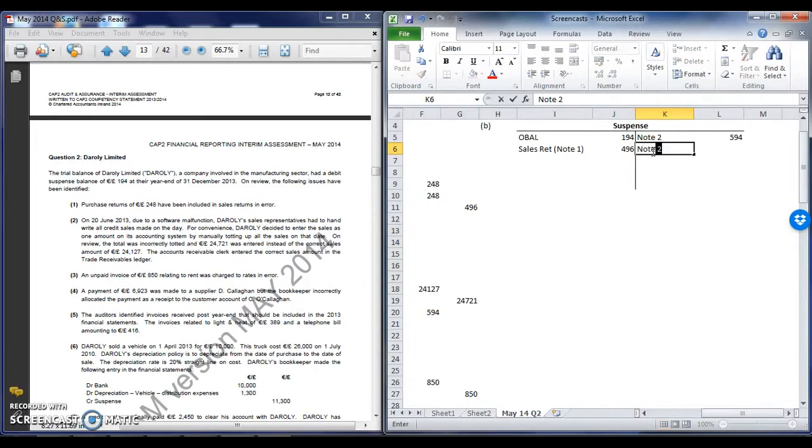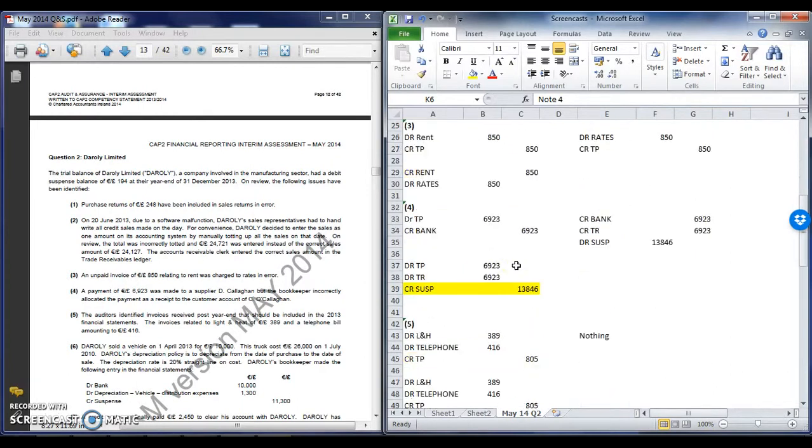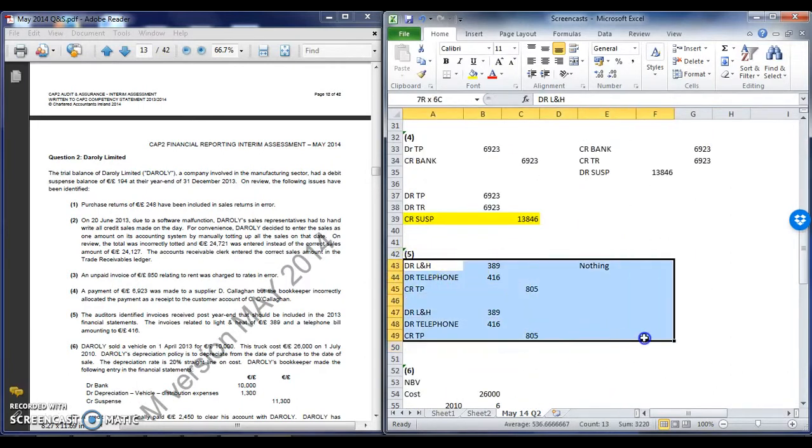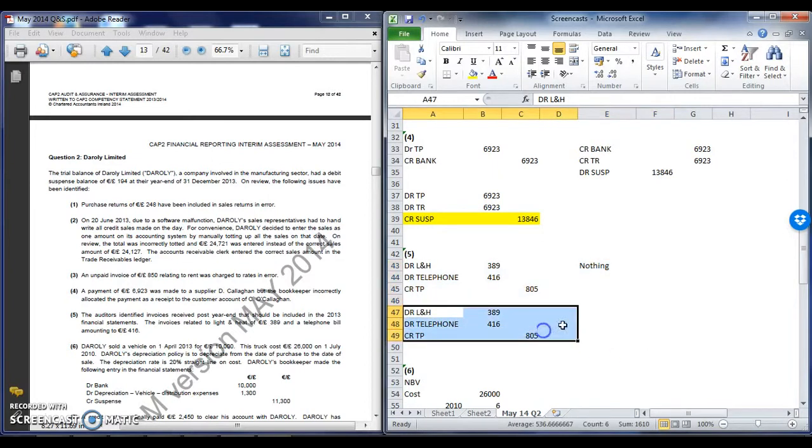So note 4, 13846. And again, what you might put in here is the description of that adjustment. It was incorrect customer accounting or incorrect supplier payment. Note 5, we didn't have any adjustment because no adjustments were made to the suspense account. They just had to be done from scratch.